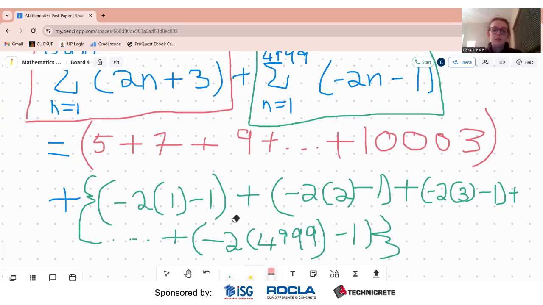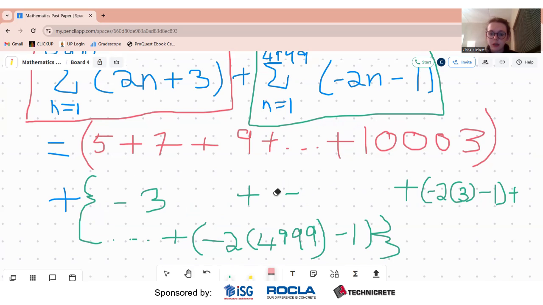So I want to simplify it nicely. Minus 2 times 1 is minus 2, minus 1 is minus 3. So I'm just going to write minus 3 here. Then in the second one, minus 2 times 2 is minus 4. Minus 4 minus 1 is minus 5. So now it's minus 3 minus 5.